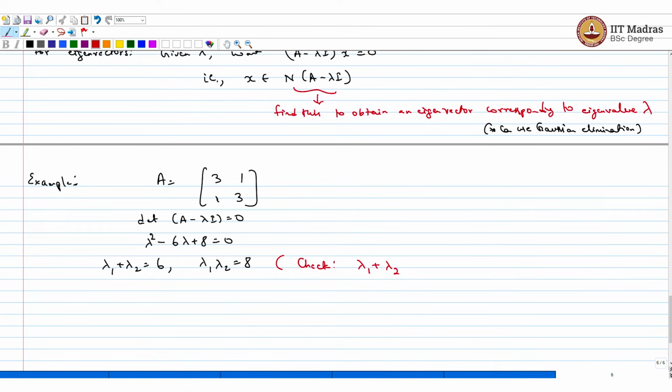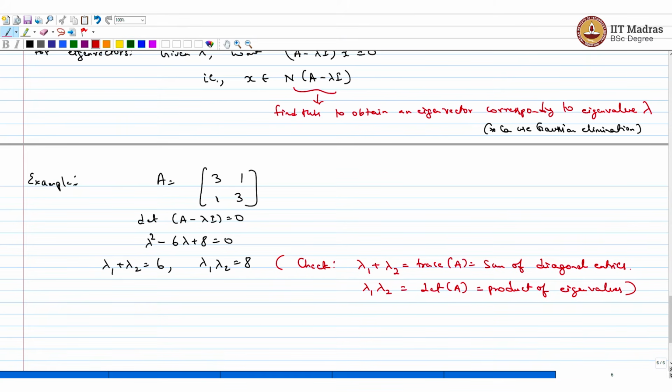Lambda 1 plus lambda 2 is called the trace of A. The trace of A is equal to the sum of diagonal entries. This is true in general, and lambda 1 into lambda 2 is the determinant of A. This is something you can check.